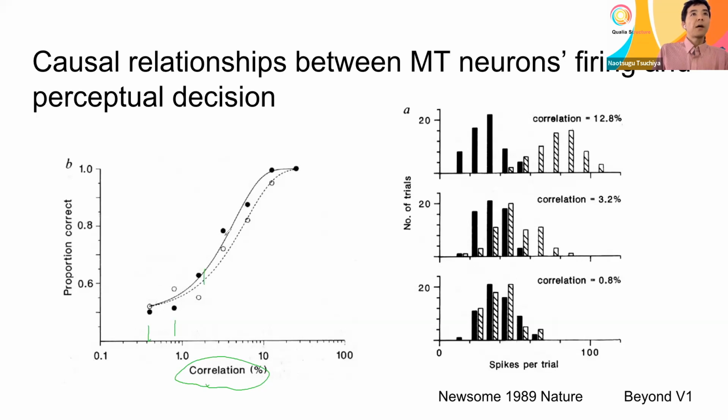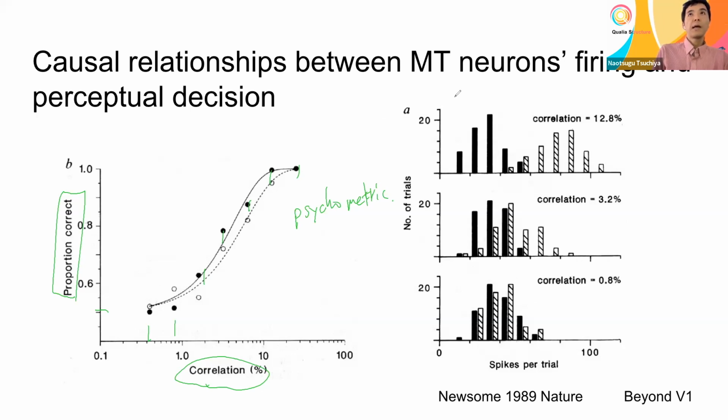Then the monkey's response to make a correct decision increases like this. And this is called the psychometric function. As a function of the stimulus, the psychological performance increases, right?